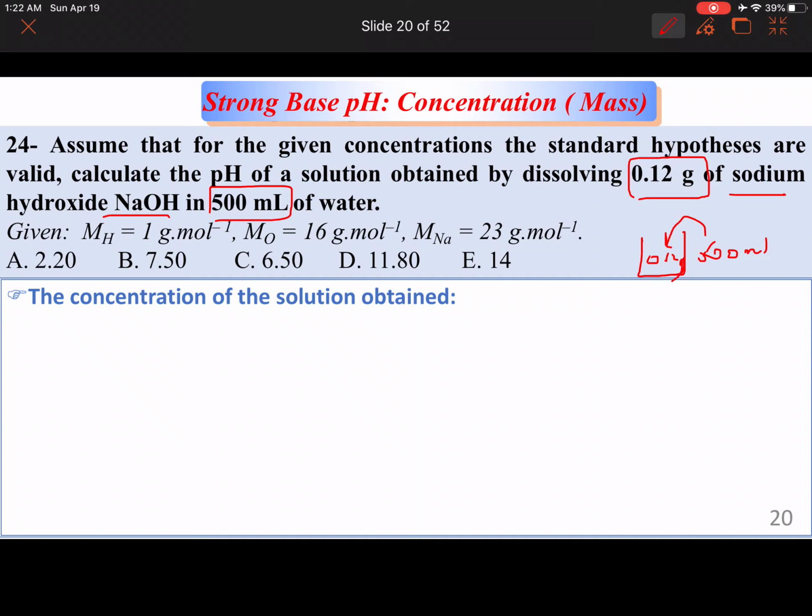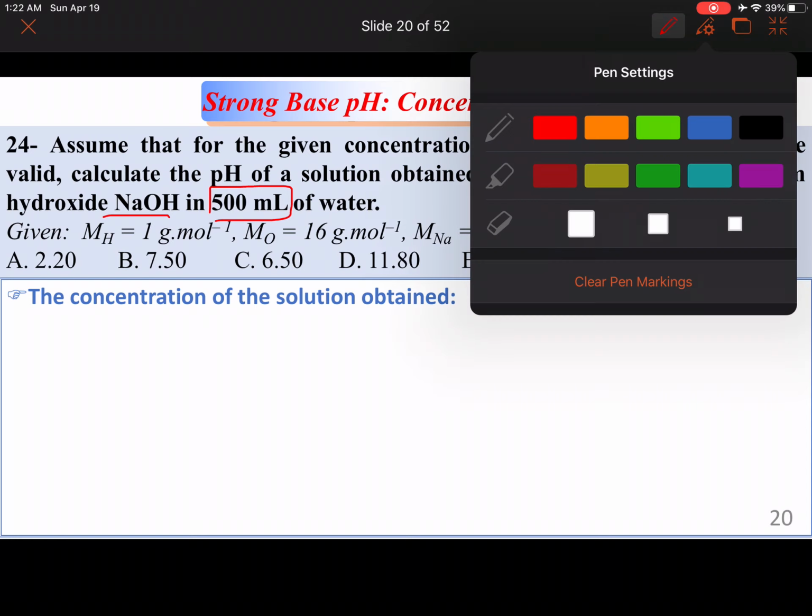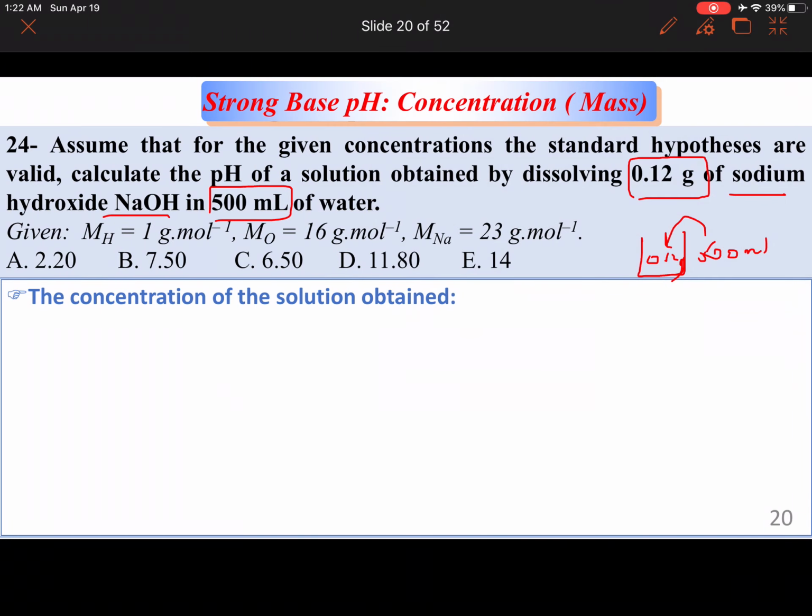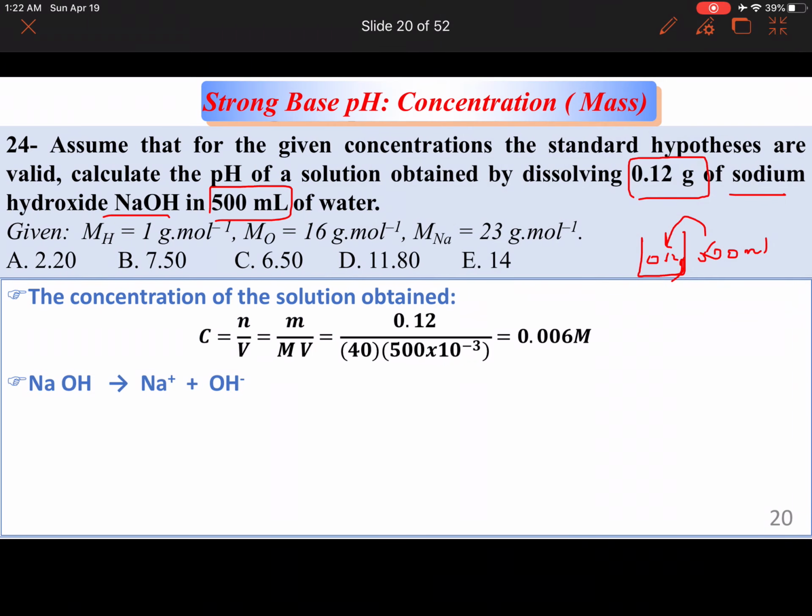Okay, so what do you need? They didn't give you concentration. Of course, you need to calculate the concentration, so go right ahead. And you already know that NaOH is a strong base and dissociates completely.